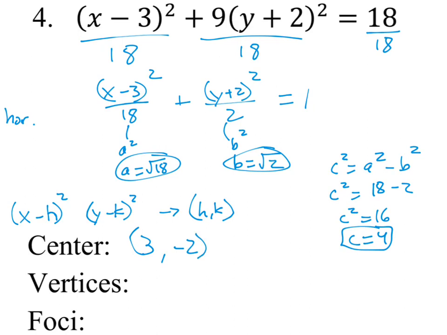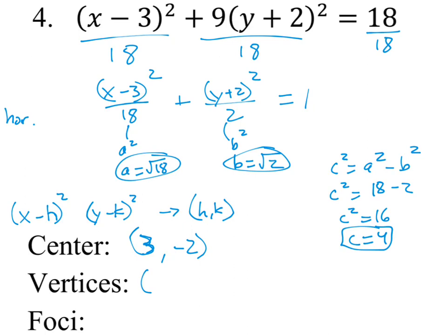So to get our vertices, we're going to take our center and we're going to add and subtract a on the x coordinate here, the h value, which means we're going to have to do 3 plus root 18 and then 3 minus root 18, which are not very nice numbers, but go ahead and put it in your calculator and just do an approximation.